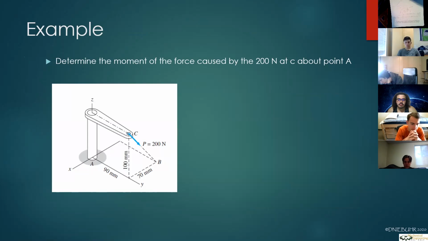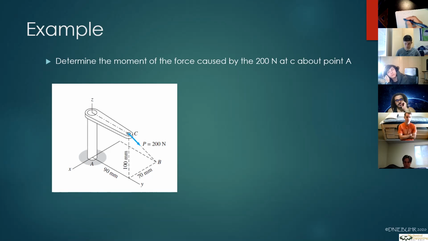If you want to find a moment about a point, like I just showed you in 2D, but in 3D, like this one I just showed on the PowerPoint, then on a problem like that, the moment about A is going to be equal to R cross F. So that's your governing equation.